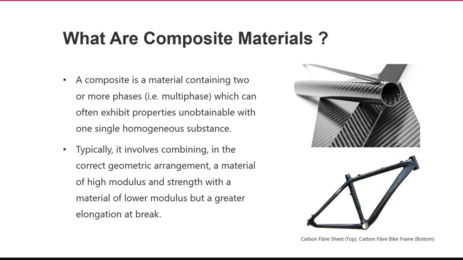So typically a composite material involves combining the geometric arrangement of a material as well as considering the high modulus and strength with a material of a lower modulus, but with a lot greater elongation at break. So some typical examples of composite materials are carbon fiber, glass reinforced plastic, amongst others.